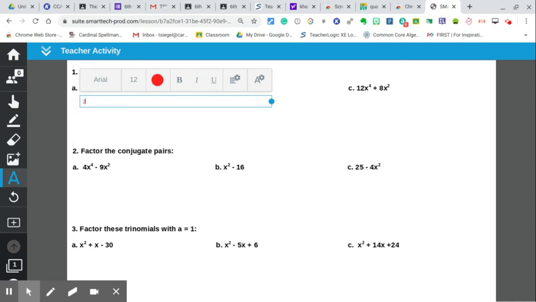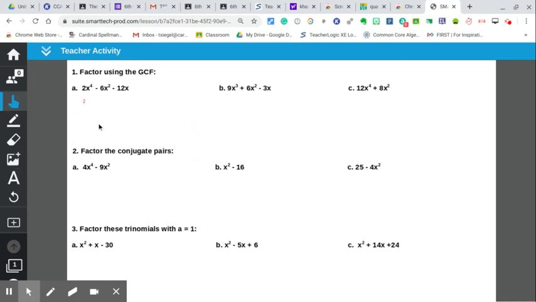Okay, and then if we look at x to the fourth, x to the second, and x, we use the smallest exponent. So the smallest exponent here would be 1.